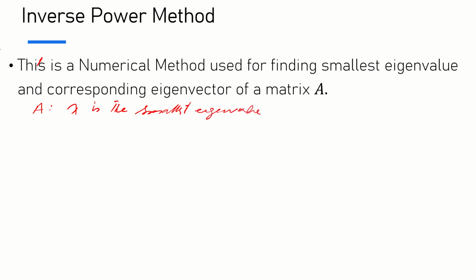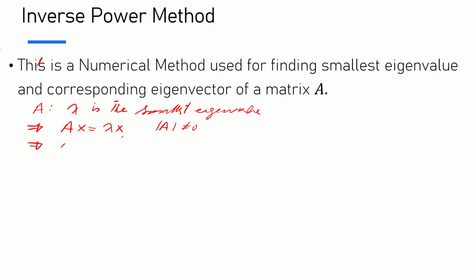And by definition of eigenvalue, there will be a non-zero vector x such that Ax is equal to lambda x. Keep in mind that the matrix will be non-singular. That is, the determinant of A should not be 0. It means the matrix will not have a 0 eigenvalue.